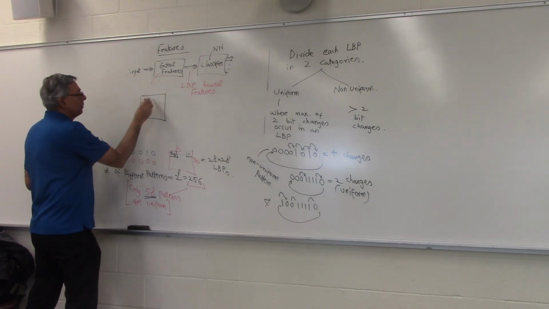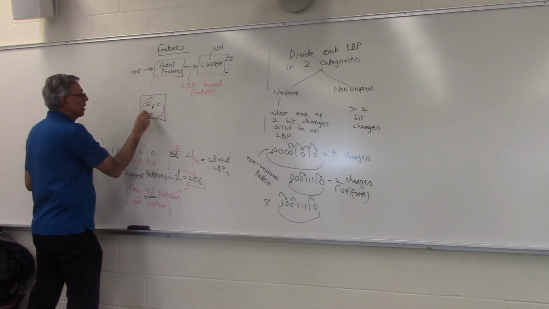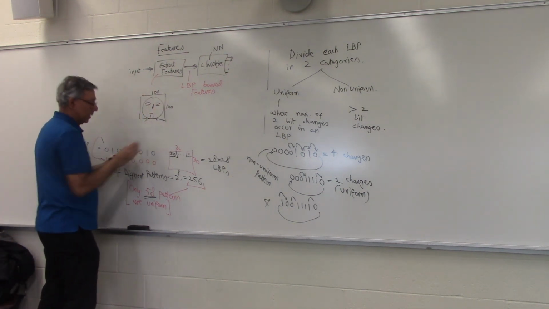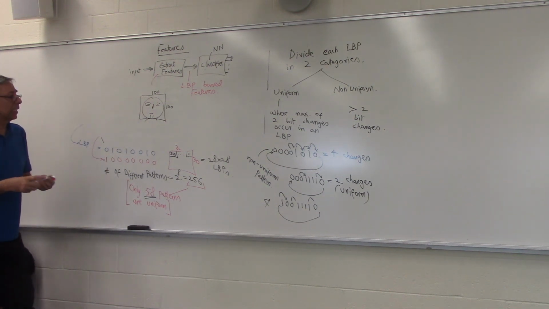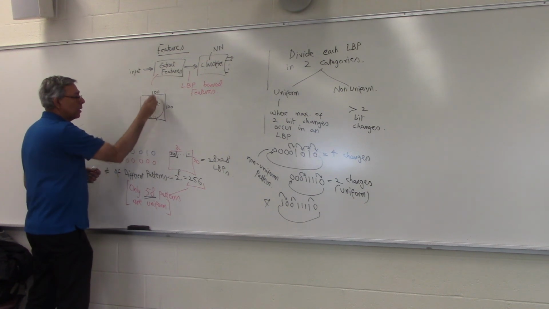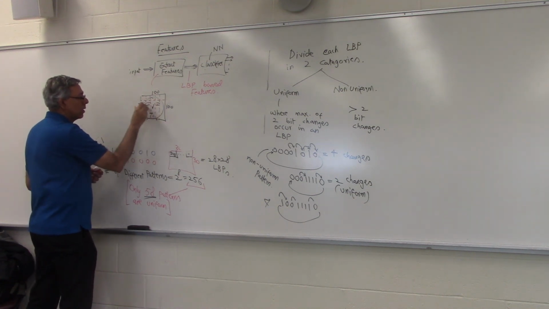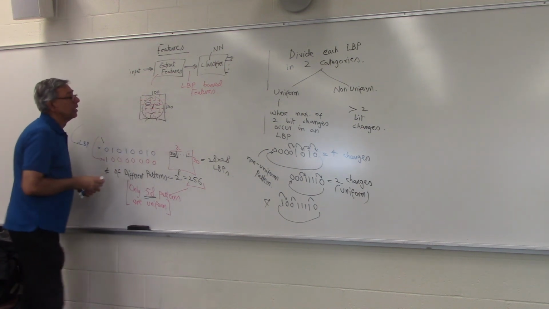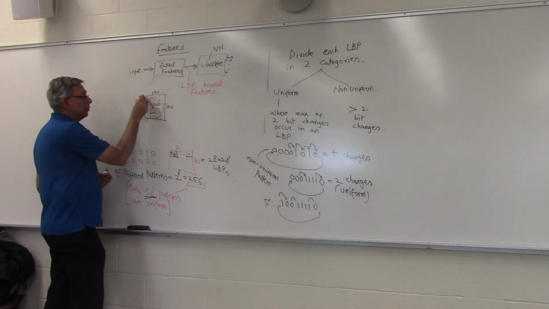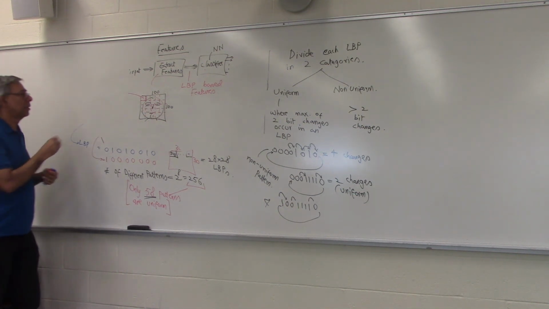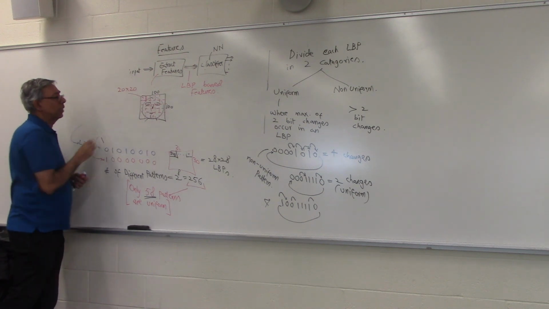Okay, so here's our case. Again, let's pretend this is 100 by 100. So what we do is we divide this further into a grid of 5 by 5 as an example. So if I divide it into a grid of 1, 2, 3, 4, 5, what will be the size of each one of these? 20 by 20, right?